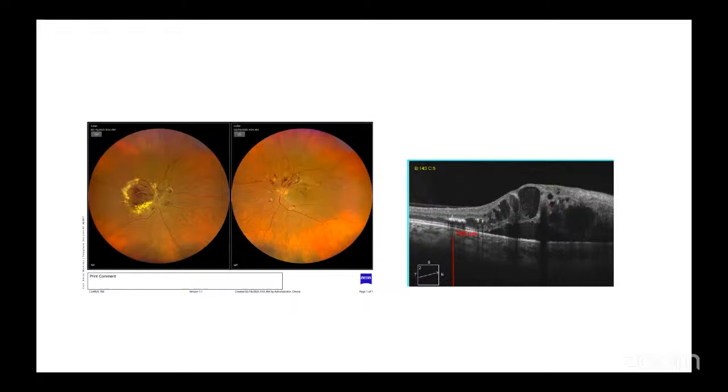Are there any protocols or laid down principles for the treatment of diabetic macular edema? Has anyone heard of the ETDRS study?